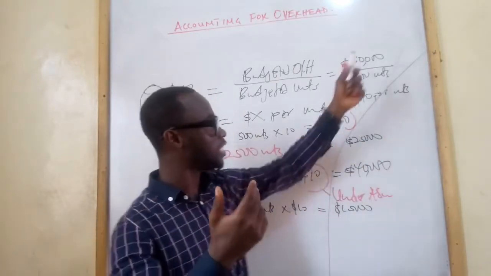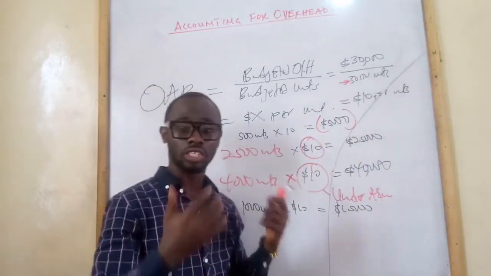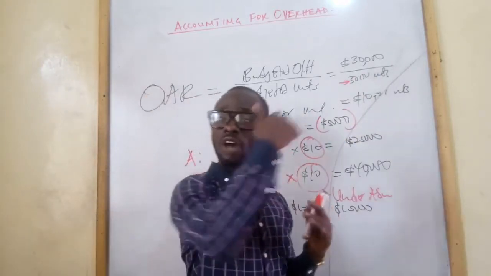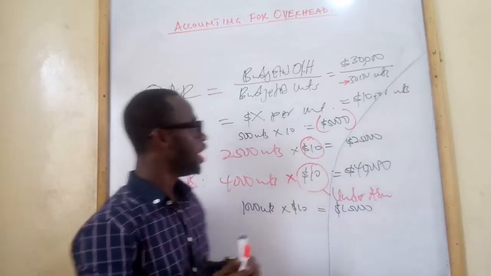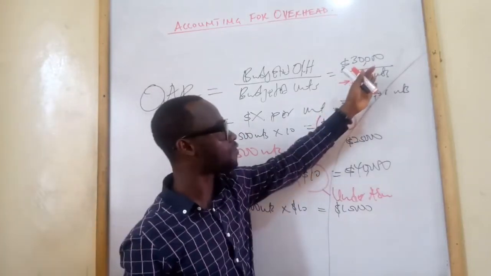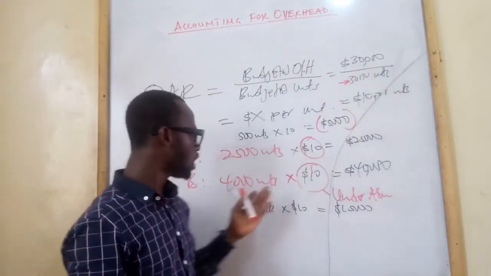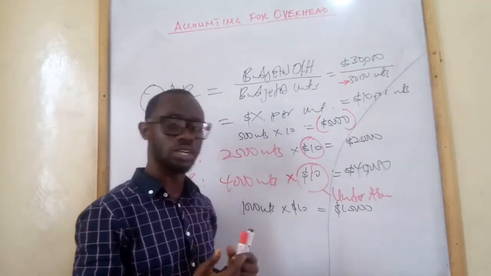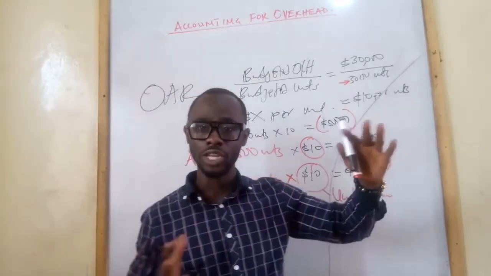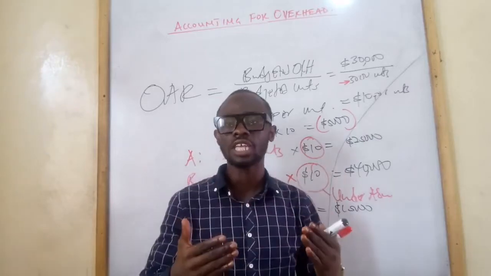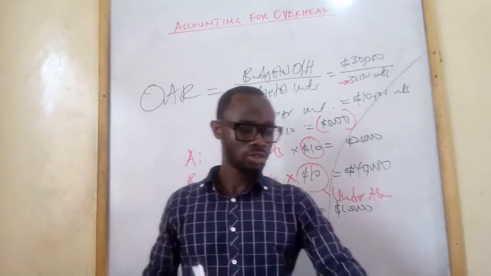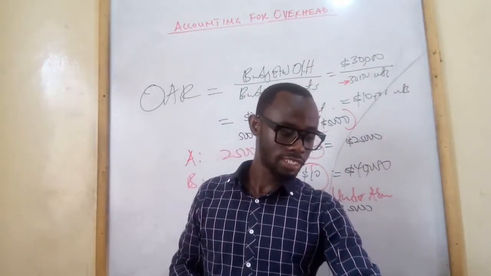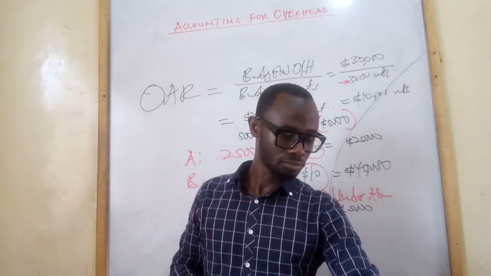If it is 3,000 labor hours but we actually use 2,500, that means that we have over-absorbed, so we subtract it. If we have absorbed it based on 3,000 hours, but we actually use 4,000 hours, it means we have under-absorbed, we need to add it back. So these are what you have to understand when it comes to over-absorption and under-absorption.